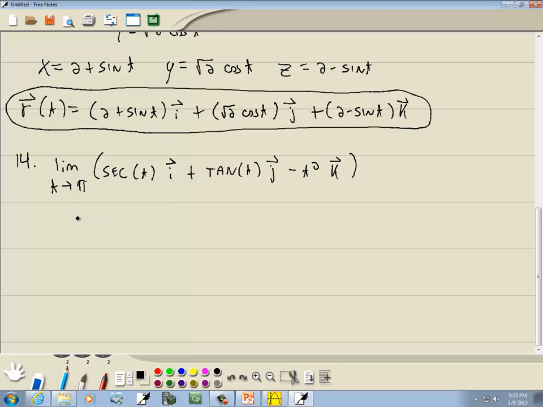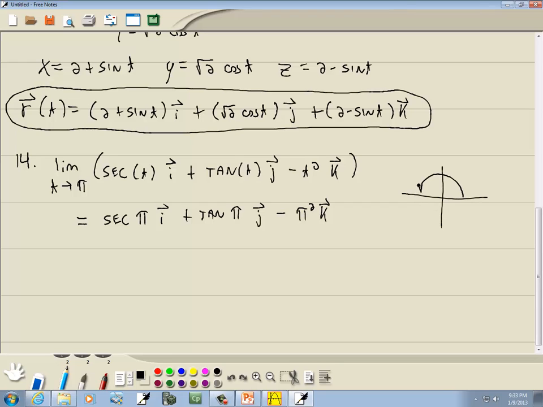Very simplest way to evaluate a limit, remember, is to plug in the value. So we'll put pi in for t. So we're going to get secant pi i plus tangent pi j minus pi squared k. Now, remember what pi is.